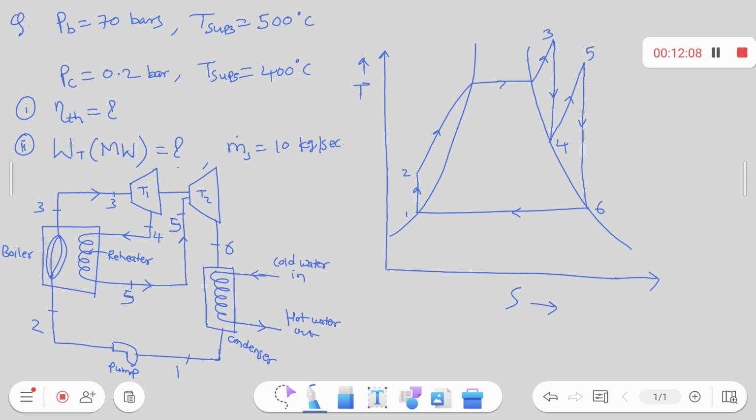Now in the thermal efficiency formula, what is the output? Turbine work for the Rankine cycle. Input is what? Heat added in the boiler, right? So the thermal efficiency formula is turbine work minus pump work divided by heat addition, right?